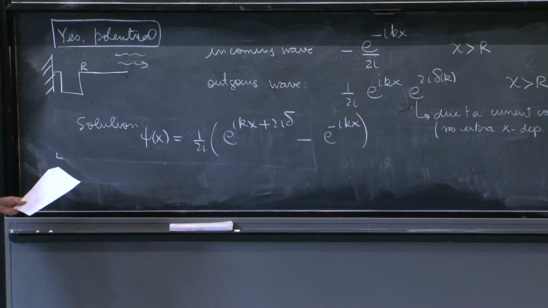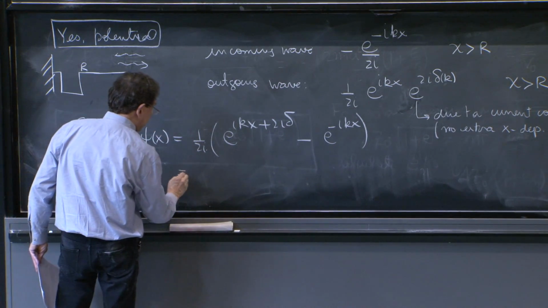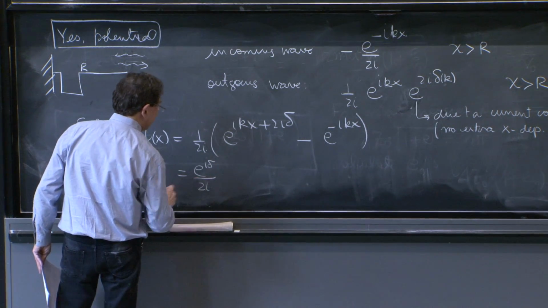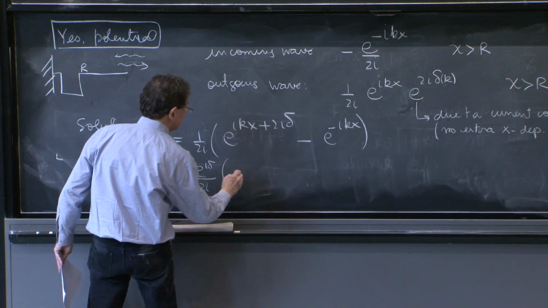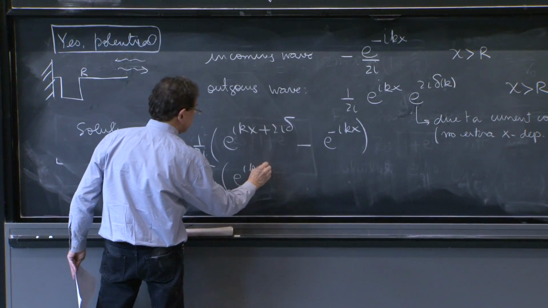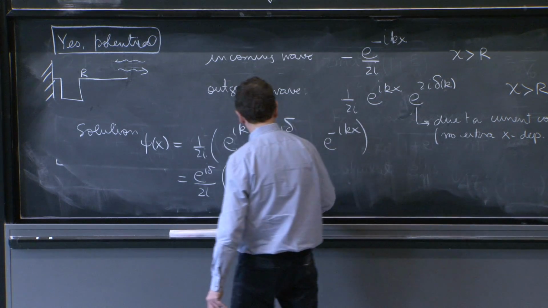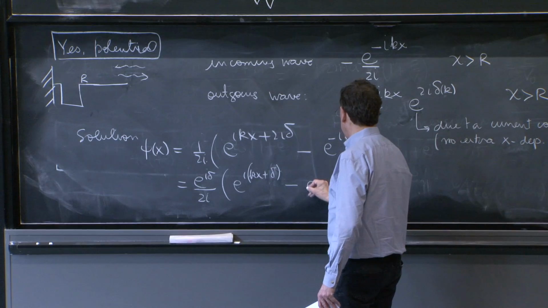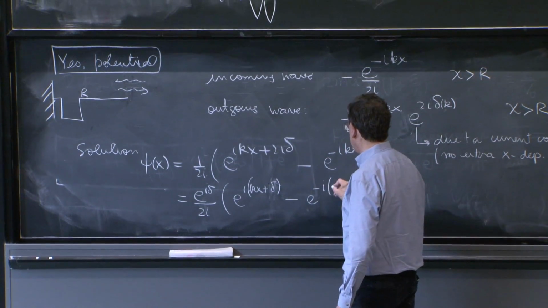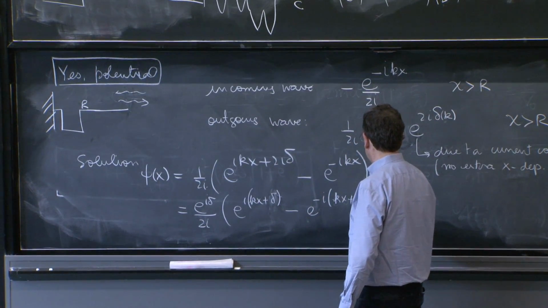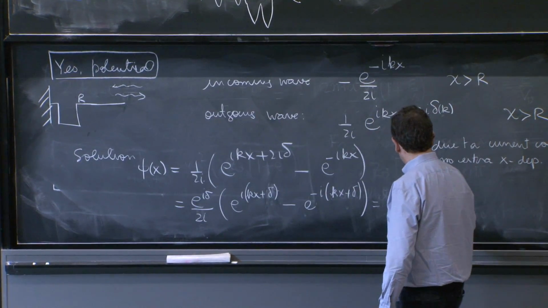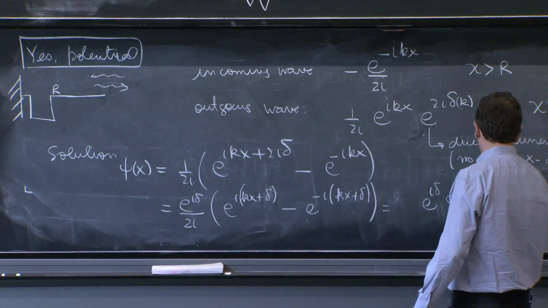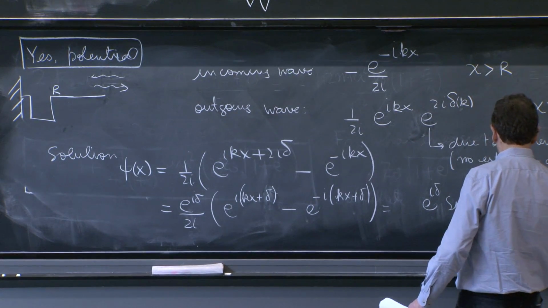It's convenient to pull out e to the i delta to make the two terms have opposite arguments. So e to the ikx plus delta, parentheses, minus e to the minus i kx plus delta. So this is e to the i delta times sine of kx plus delta.